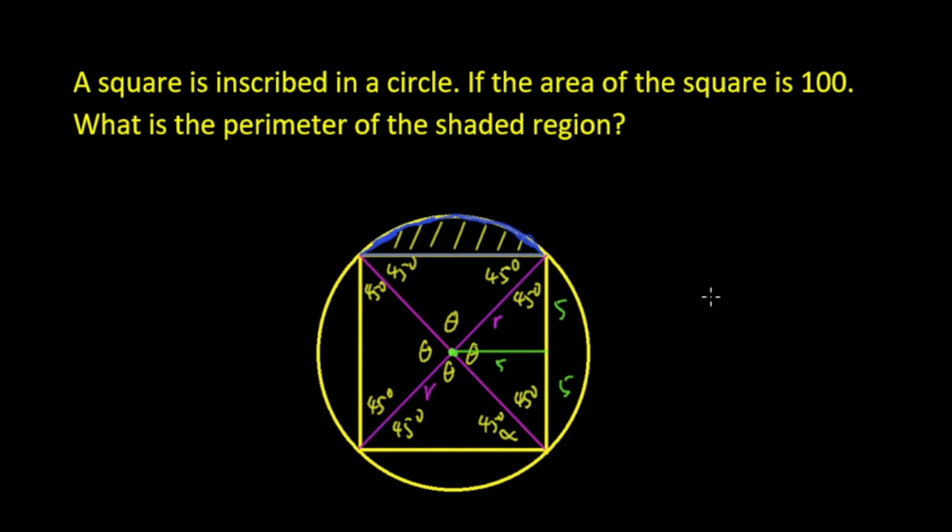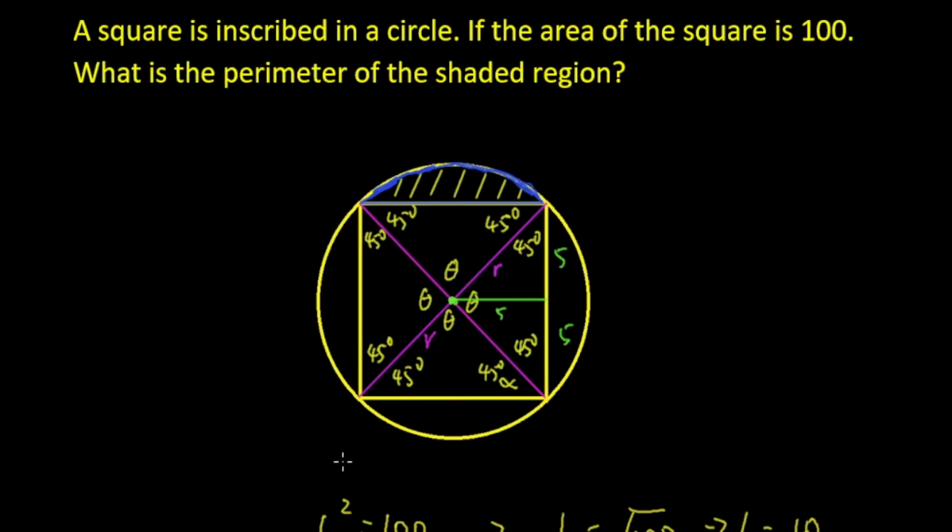An alternative way to calculate the arc length is this. As you can see here in this diagram, notice that these side lengths are equal. That also means that the arc lengths are all equal.